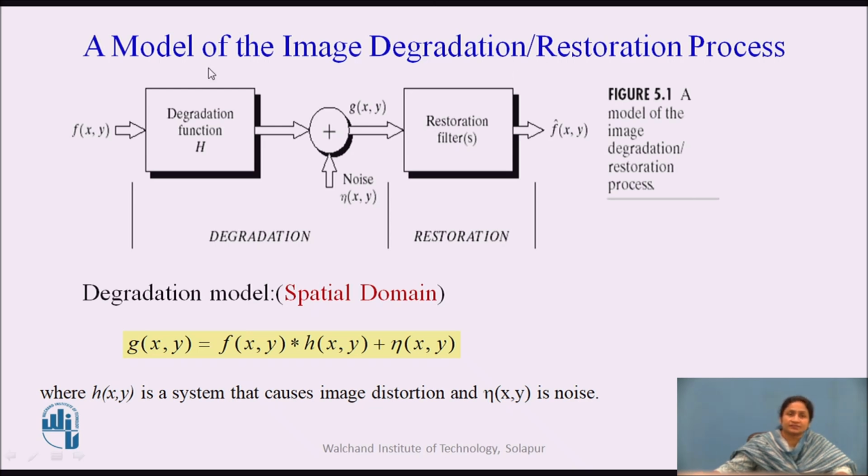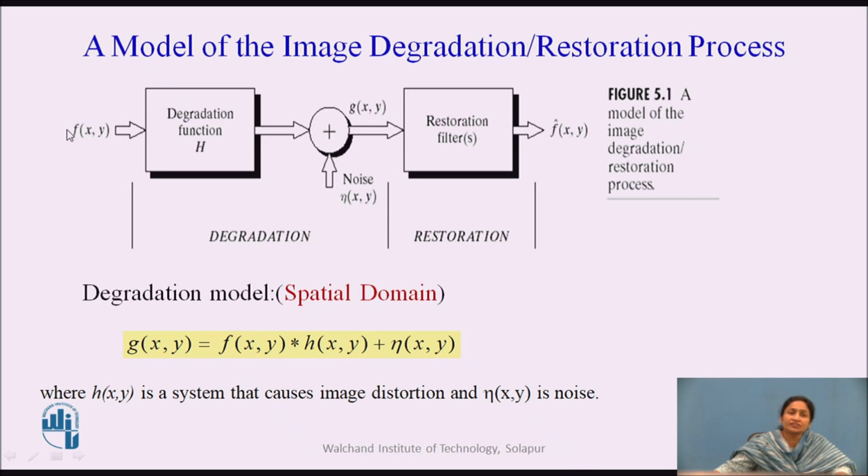The model used for the image degradation and restoration process is shown here. The figure shows the model. Here the degradation function along with the noise forms a degraded image. The degraded image is given by g of x comma y, which in the spatial domain is f of x comma y convolved with h of x comma y.